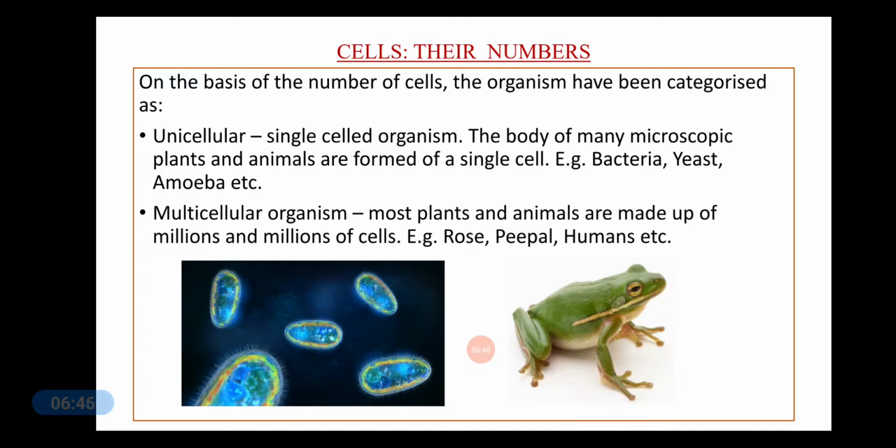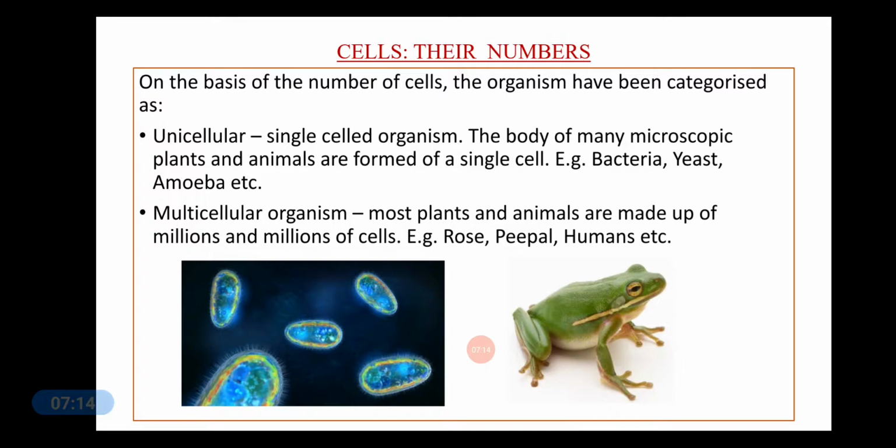Multicellular organisms. This is the second category of organisms based on the number of cells. As the name suggests, multicellular means an innumerable number of cells are present in that organism. Whatever plants and animals that you see around yourself, they are all made up of millions and millions of cells.